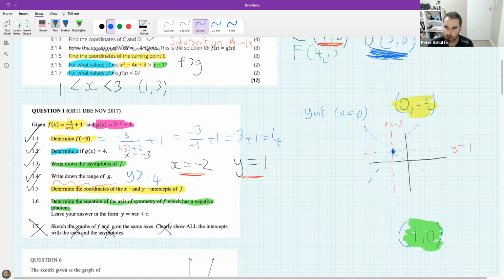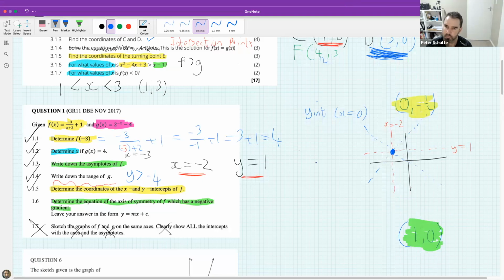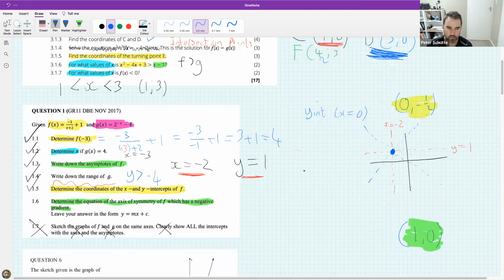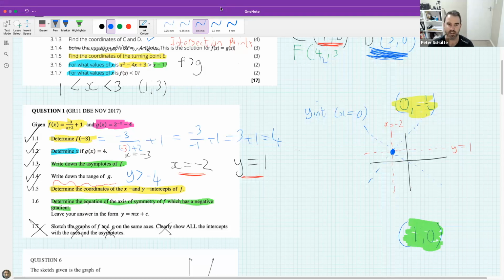But before we even worry about which one we're after, what is the blue point going to be? What does the blue point's coordinates have to be? Raise your hand if you've got it, you can say it audibly, or you can pop it in the chat.